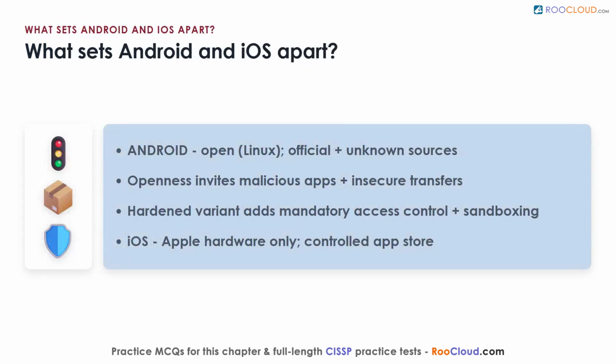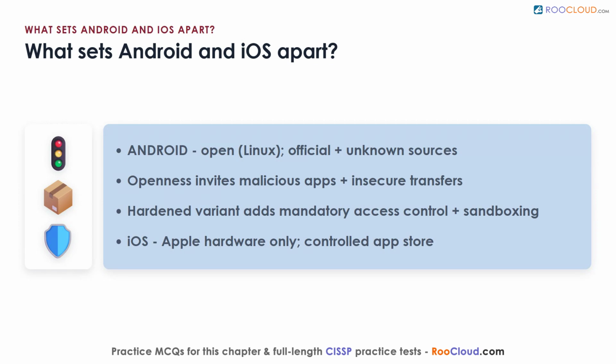What sets Android and iOS apart? They represent two philosophies. Android is built on Linux and is highly open, letting users install from official and unknown sources and even replace the operating system itself. That openness invites malicious apps, hostile scripts, and insecure data transfers, though updates and add-on tools steadily improve it.